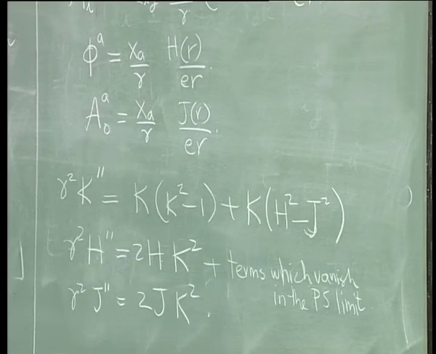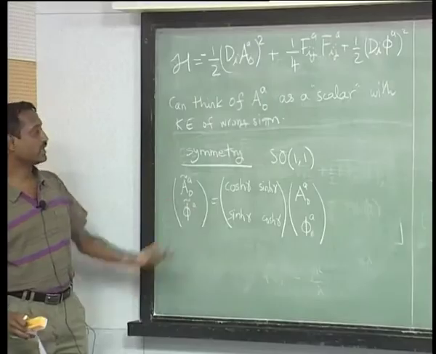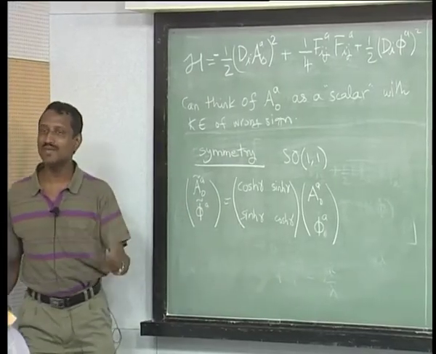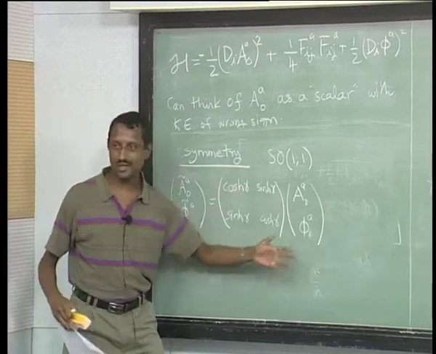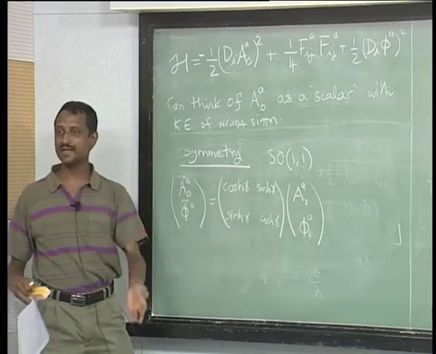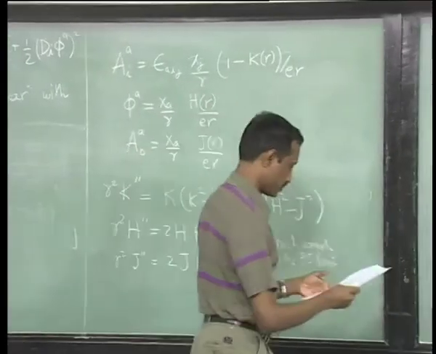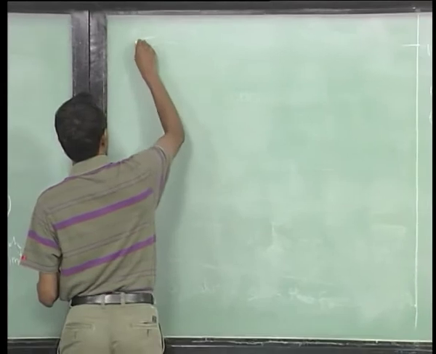So the key point here is that now we can actually take the monopole solution and do a boost on it. That will obviously mix these things and it will create something which has electric charge also. So, boosting.